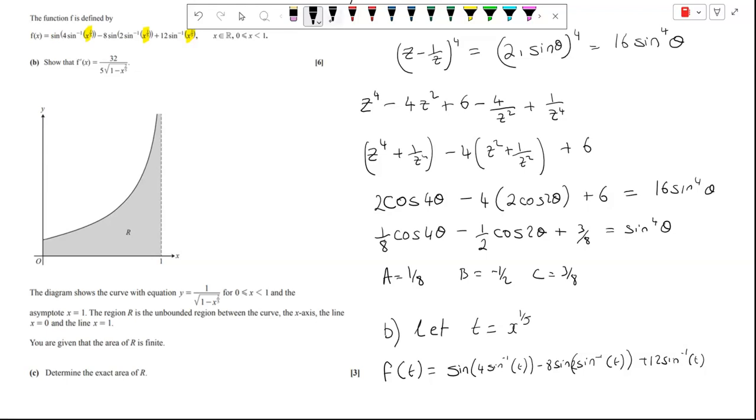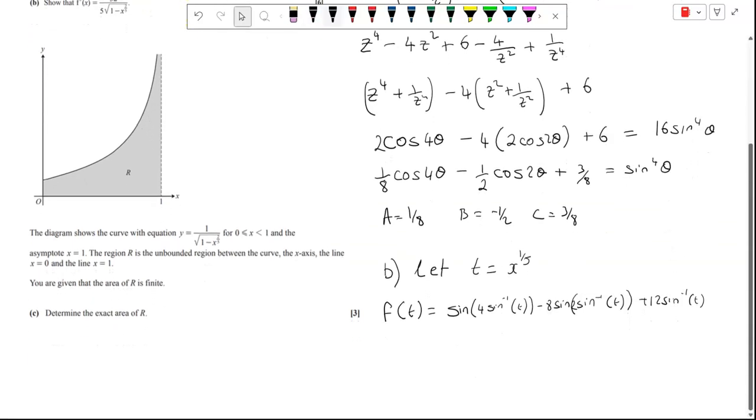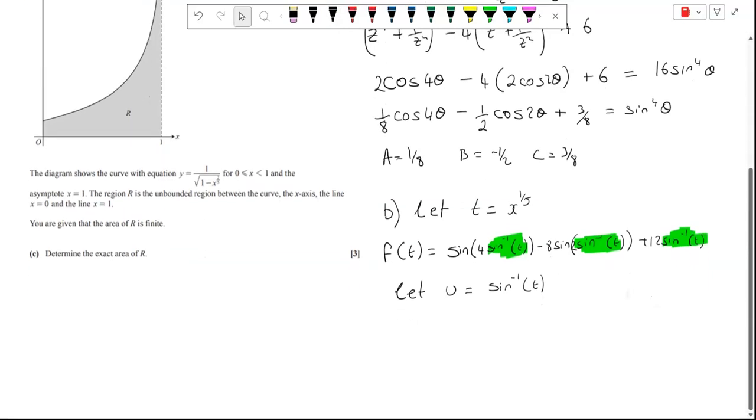And automatically this looks a little bit nicer than what it used to. Now again here we can see that there's a sine inverse t everywhere. So maybe I'll replace that. So let u equal sine inverse of t.